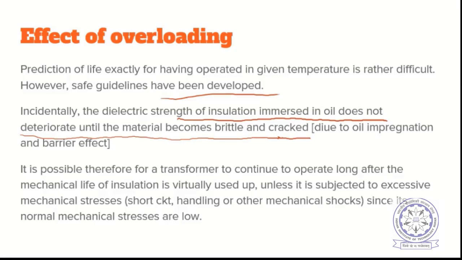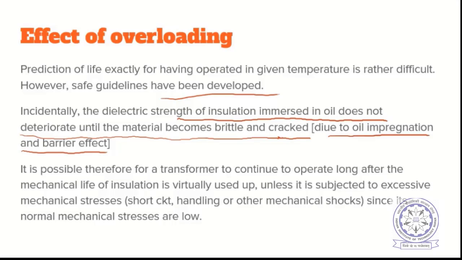The reason is oil impregnation and the barrier effect. Why is it happening like this? Because you are impregnating the insulation with oil, so oil is also inside the paper.